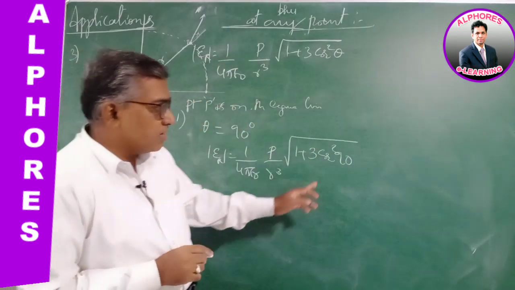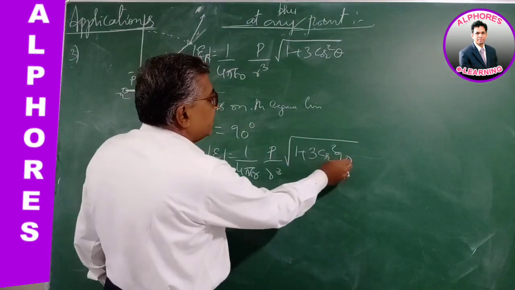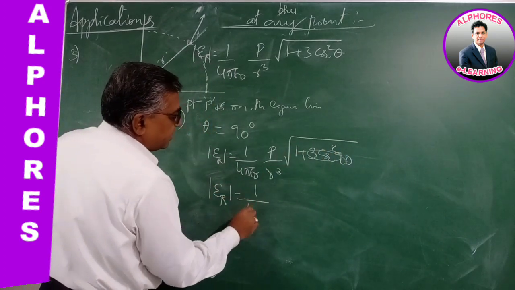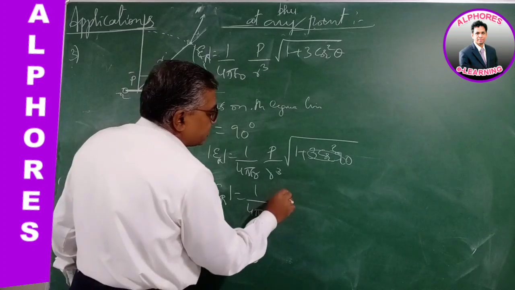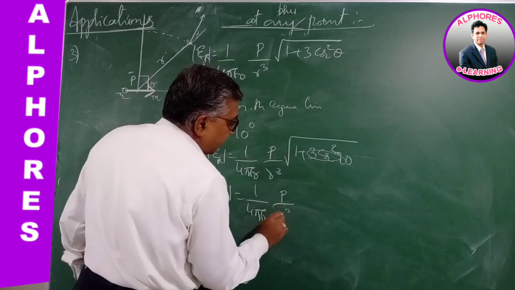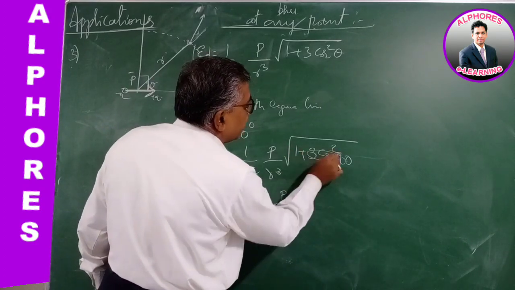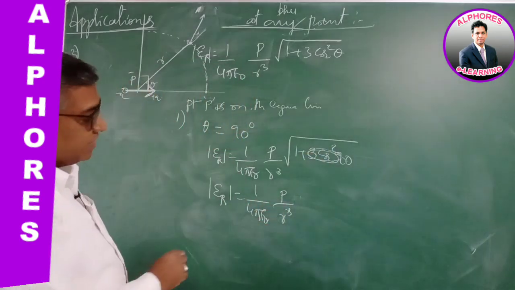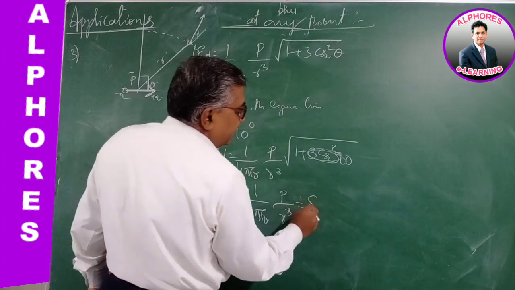According to trigonometry, cos 90 is 0. So it becomes 1 by 4 pi epsilon naught P by r cube, root 1 plus 0, which is root 1, so simply P by r cube. So it is the electric field intensity on the equatorial line.